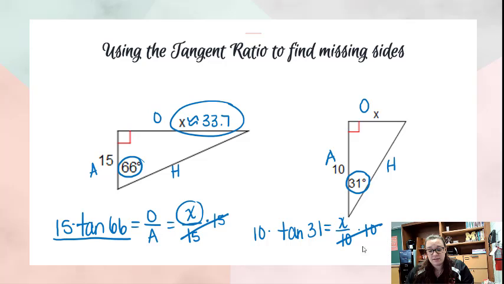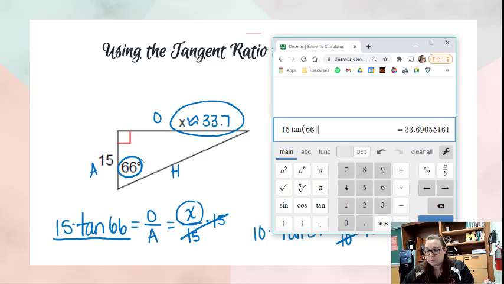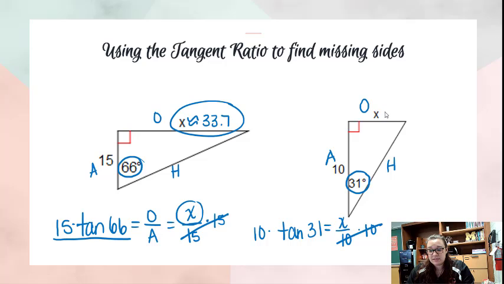So the 10s will cancel, and I've got x by itself, so 10 times tangent 31. Let me clear this out again. 10 tangent 31 is 6.00. I could round this just to 6 because the 2 zeros won't do much for me. So x is approximately 6.